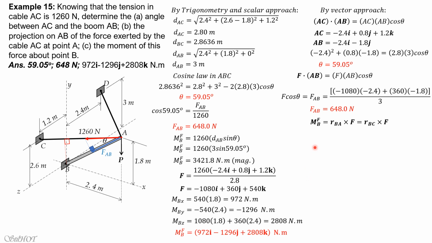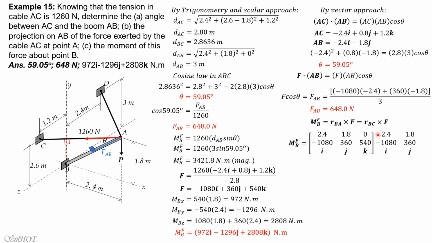So RBA, so B to A, from the moment center to the point on the line of action of the force, it is rightward and upward. So it is now the opposite of this vector here. So it is positive 2.4, positive 1.8, 0 in matrix form.